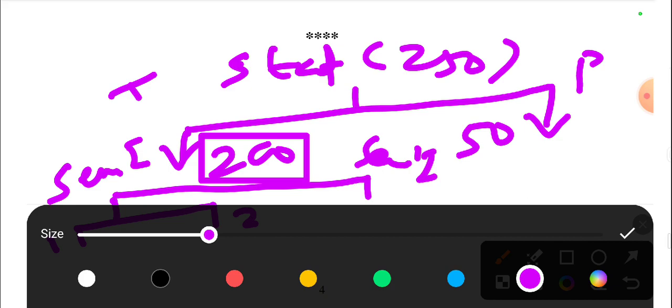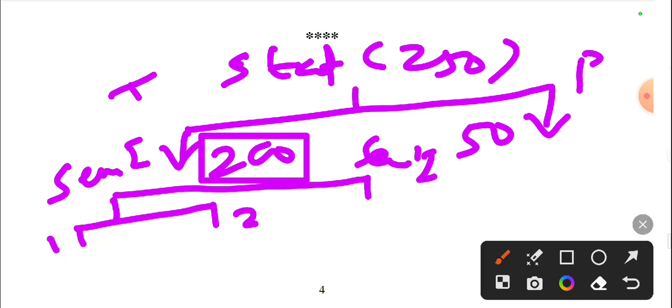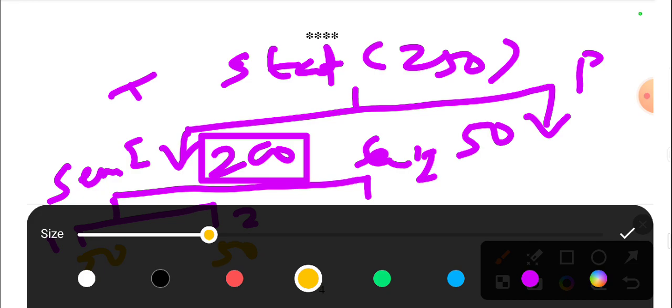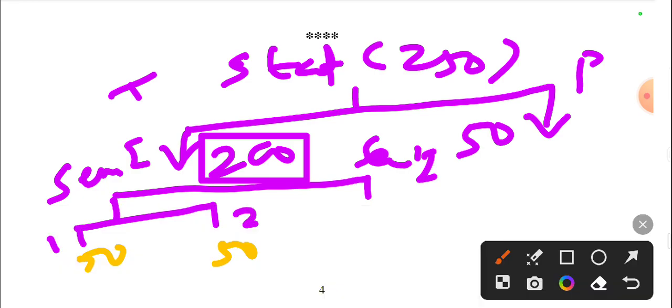Paper number 1 is of 50 marks and paper number 2 is also of 50 marks. In the same way, semester 2 is again of 100 marks, and this is divided into paper number 3 and paper number 4. Paper number 3 is of 50 marks and paper number 4 is of 50 marks.